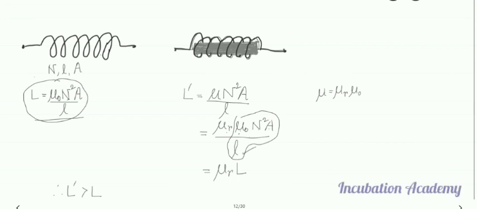So if you insert an iron in the winding, the inductance of the coil will increase by the mu r amount, where mu r is the relative magnetic permeability. So obviously L prime greater than L, this relation should be satisfied. If you insert an iron core within a coil, its inductance will increase. Keeping this in mind, read the rest of the question.